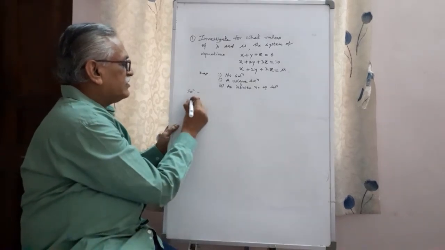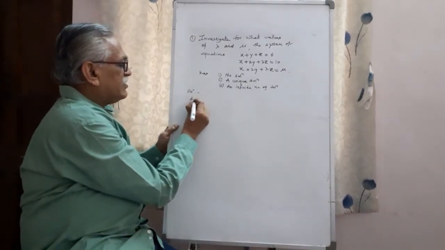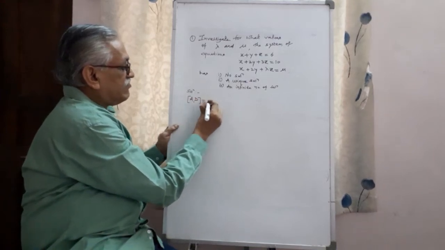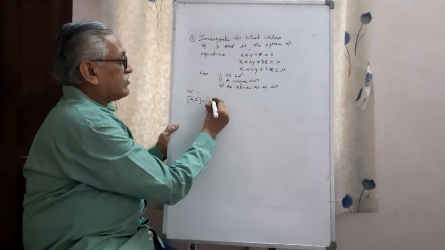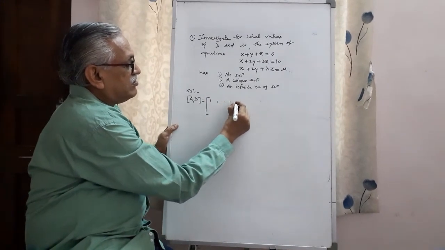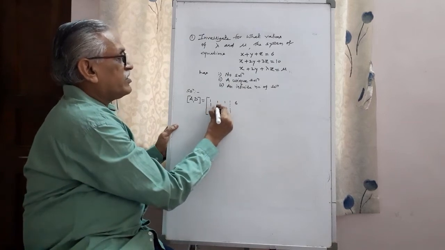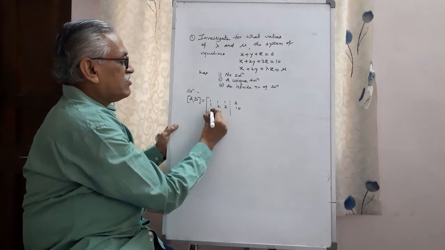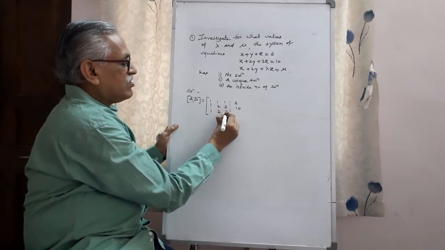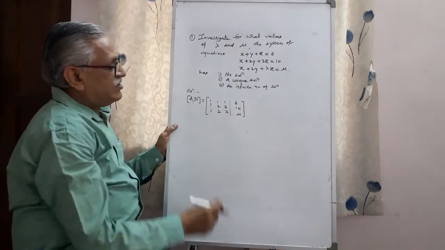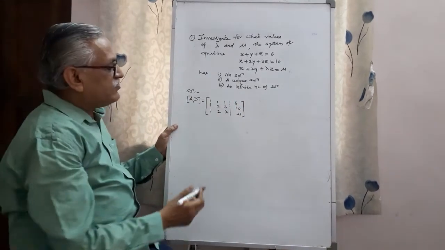Therefore, applying the corresponding technique, writing the augmented matrix: 1 1 1 6, 1 2 3 10, 1 2 lambda mu, and converting to its canonical form.